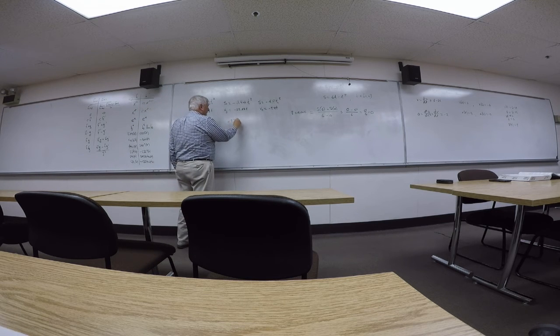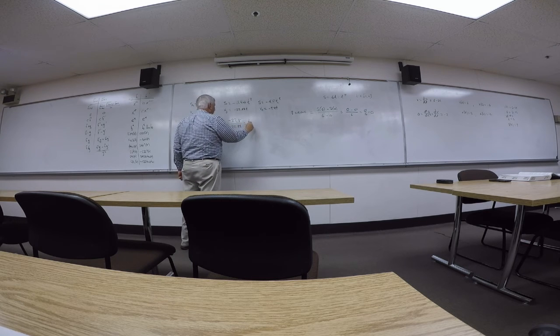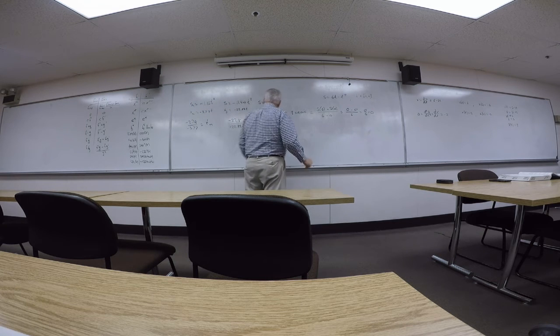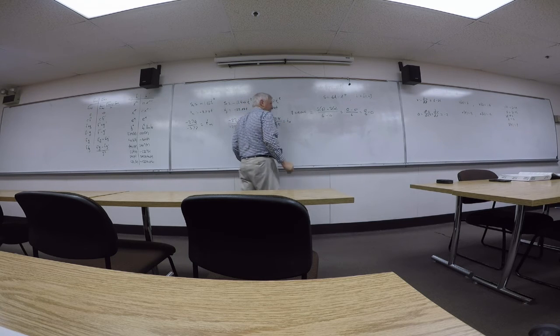Negative 27.8 divided by negative 22.88 is the time on Jupiter that it takes to reach that velocity. And lastly, on Earth, negative 27.8 divided by negative 9.8 equals the time on Earth.